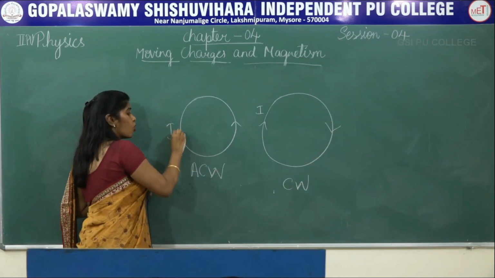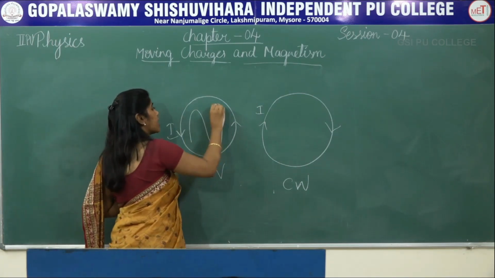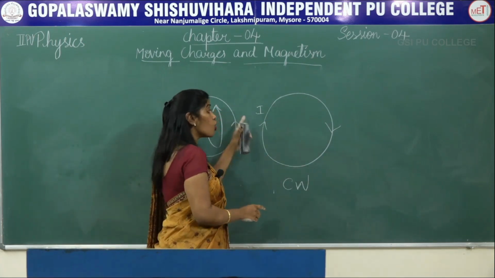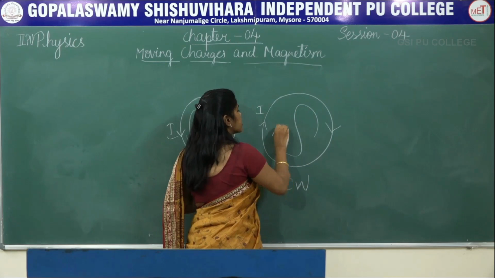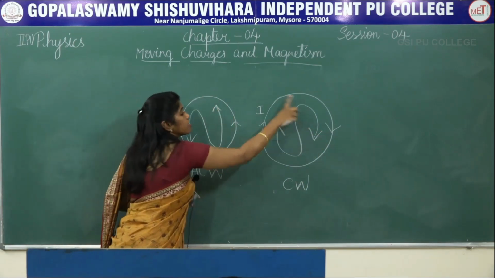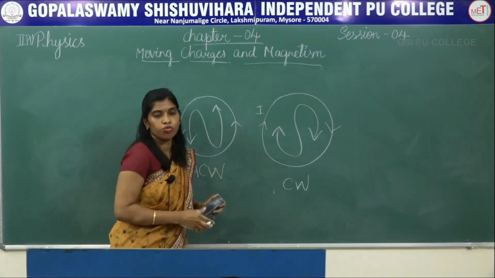Whenever the current is flowing in the anti-clockwise direction, that should be taken as the north pole, and whenever the current is flowing in the clockwise direction, it is represented as the south pole. You can see this is N, this is S. That just means it is north pole and south pole.